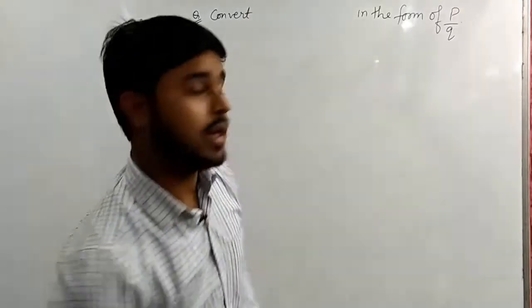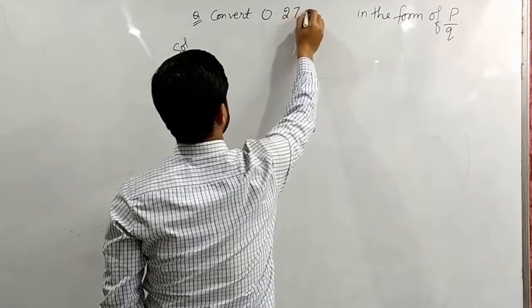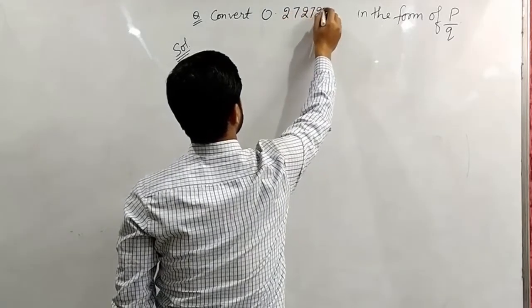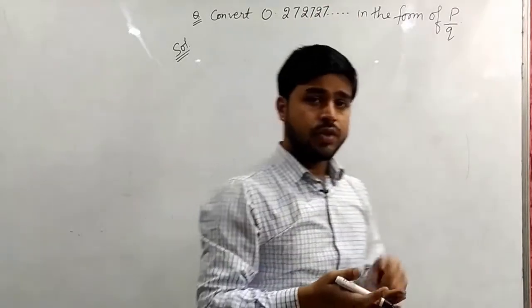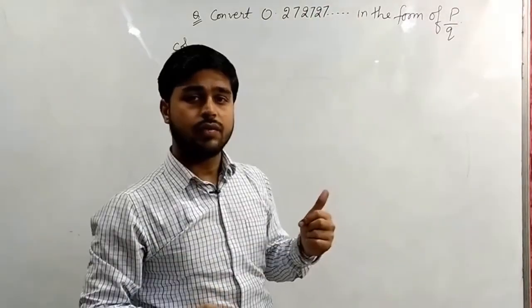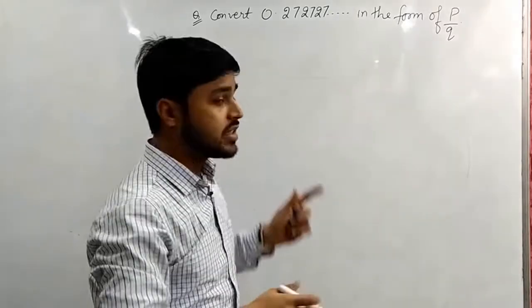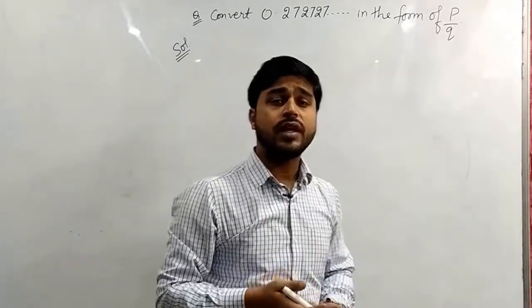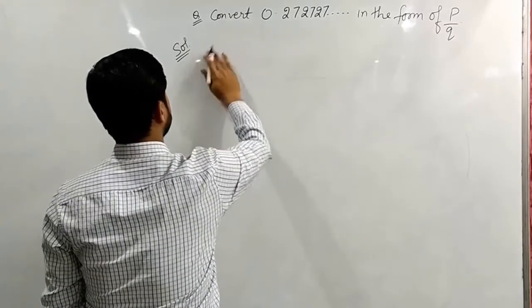Now let us take 0.272727... In this question we have stepped up to 2 digits. Earlier there was 1 digit repeating. Now here a stream of 27 is repeating itself an infinite number of times. Now what we have to do here is go with the same procedure.